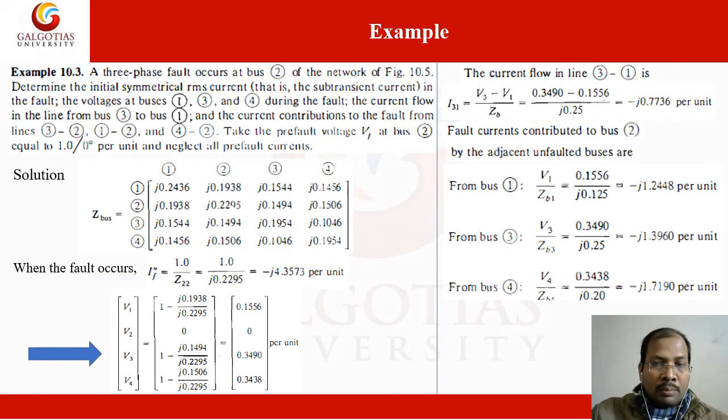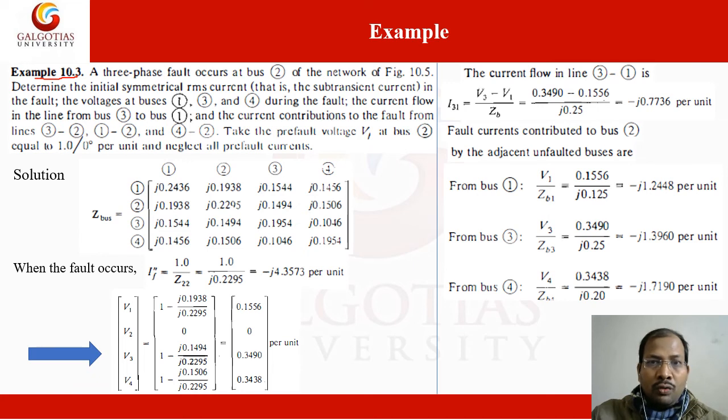Here is one example I have taken from the reference book. This is a solved example. Here is a 4-bus system which was already considered in the previous example. At bus number 2 there is a fault, a 3-phase fault.